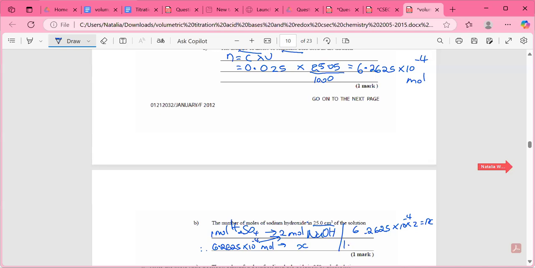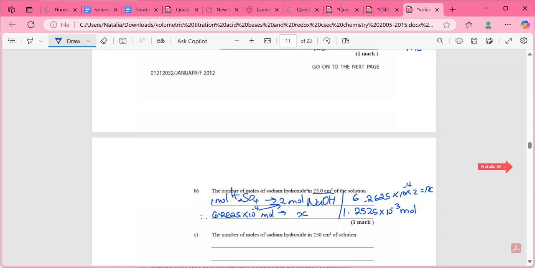So I get 1.2525 times 10 to the negative 3rd mole of sodium hydroxide. Clear? Yes, miss.